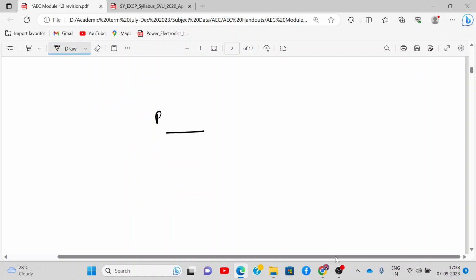You draw the base terminal first. Then you take the collector terminal, and then at the bottom you take the emitter terminal. That's how you draw. What is connected between base and emitter? R pi. Don't forget that. What is the voltage across R pi? V pi.